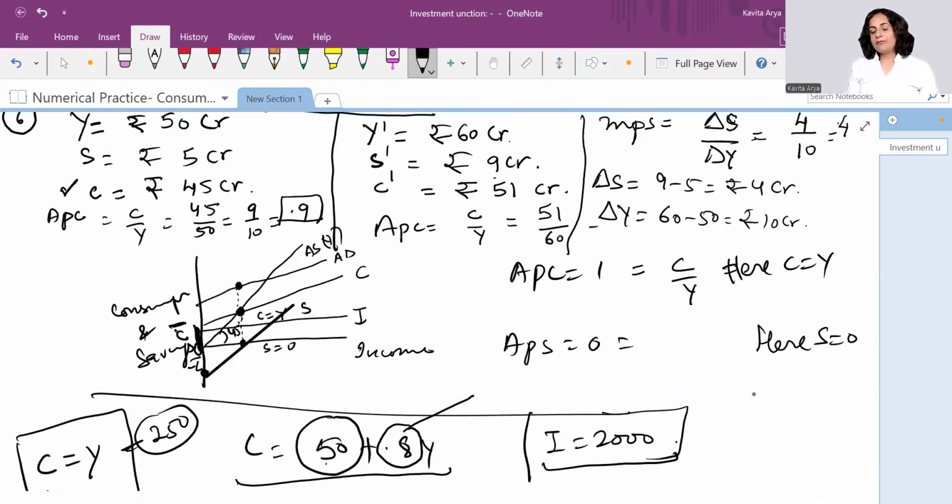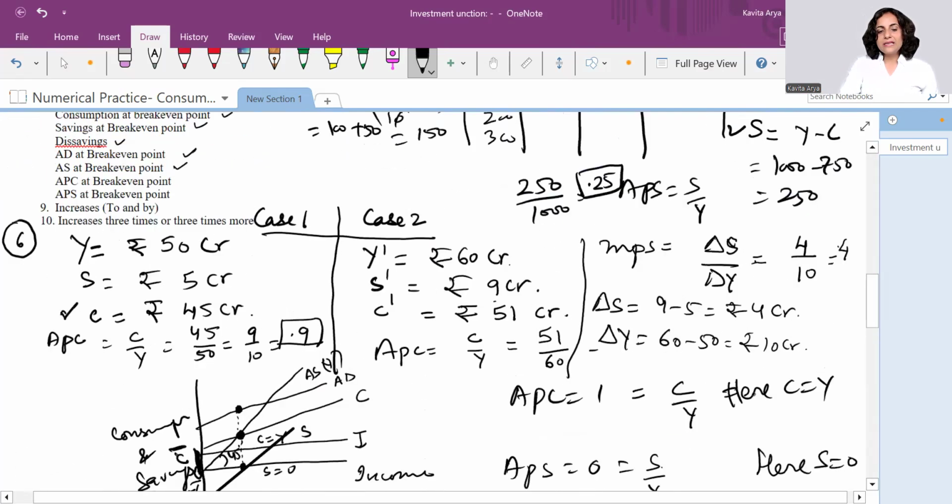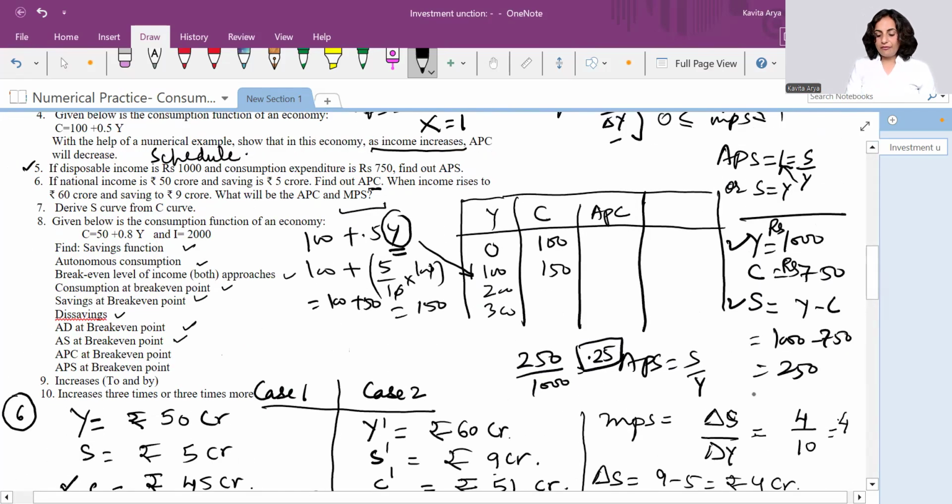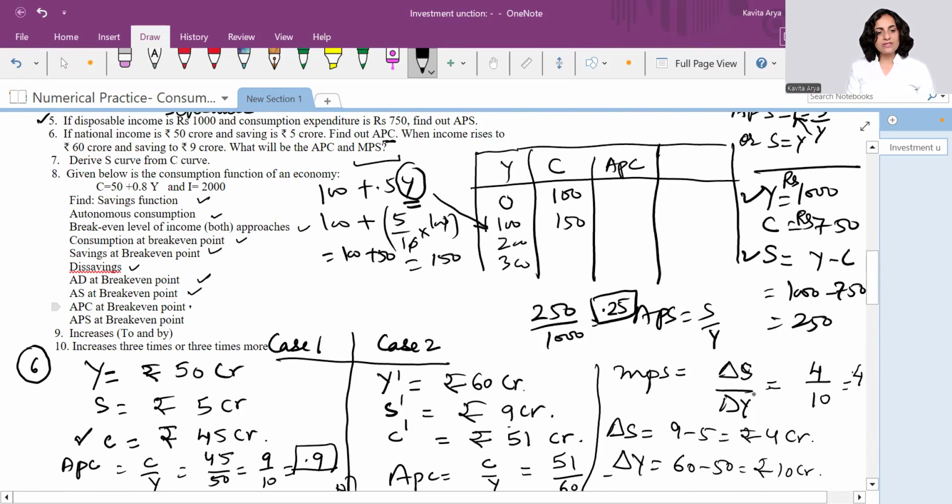So when we put in this value of S by Y, S becomes 0 and when the numerator is 0, the whole value would definitely become 0. So my point is, this way you can do everything which comes across in terms of small and big numericals. And if you have the content, you can justify all the formats of MCQ, assertion reasoning, statement 1, statement 2, or fill-ups or true false or whatnot, right?